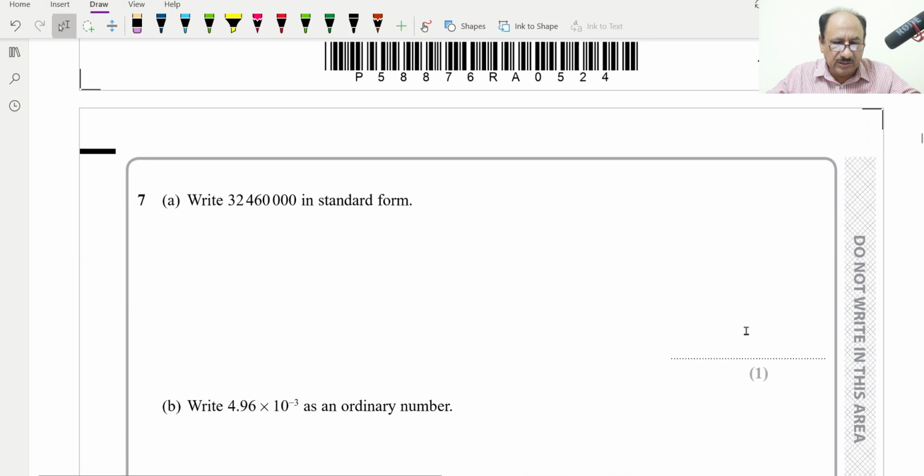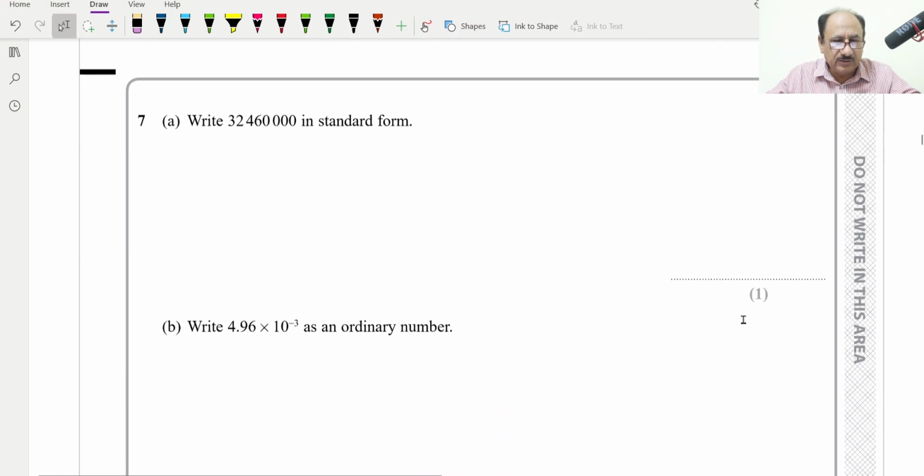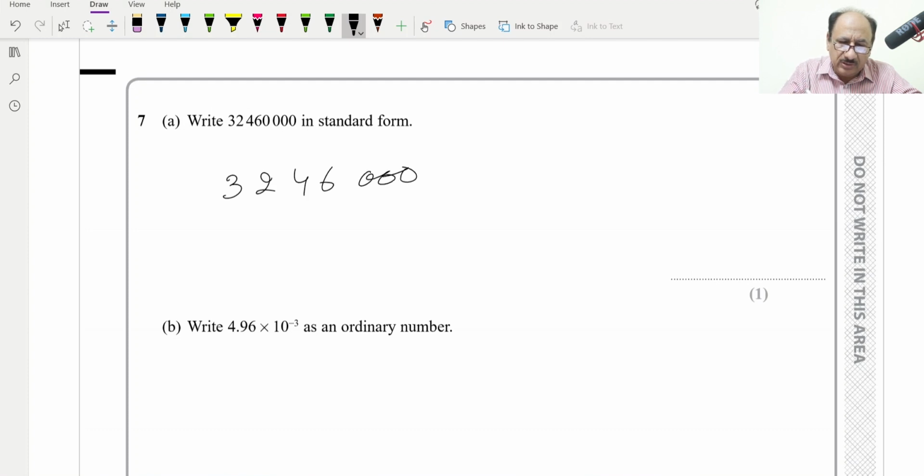Now question number 7. Write this number in standard form. You know standard form is what? In standard form we have to shift the decimal after the first non-zero digit. So I will rewrite the question, these are the numbers, and we can write 0.0 over here, and we have to shift this decimal after the first non-zero digit, between 3 and 2.